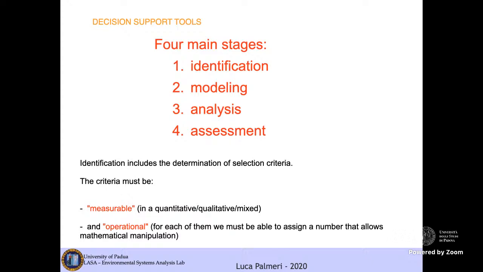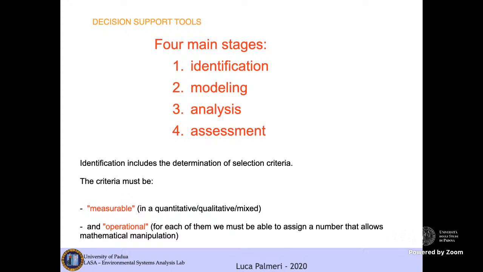Then with this model, we pass to the analytical phase, in which we provide rankings of the possible alternatives based on the models that we have put forward. And finally, assessment, that is the choice, producing a choice between the ranked alternatives.